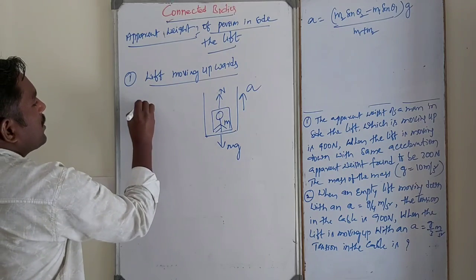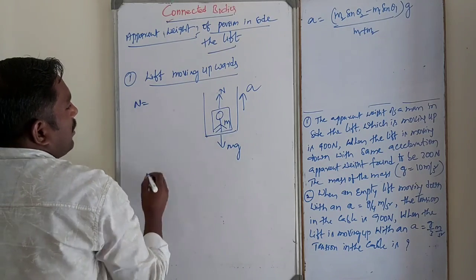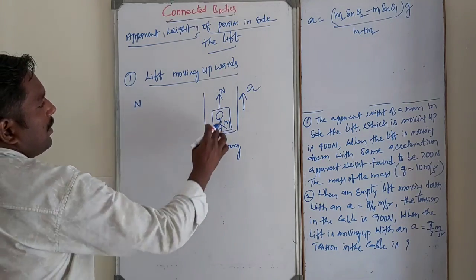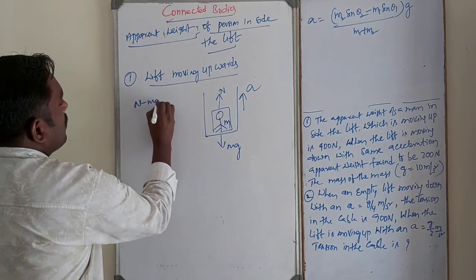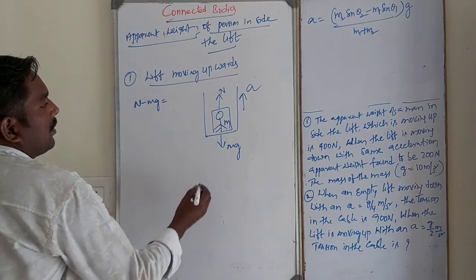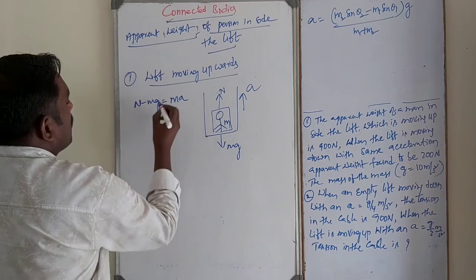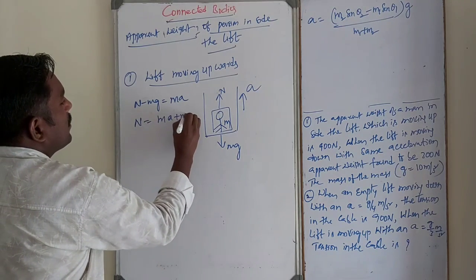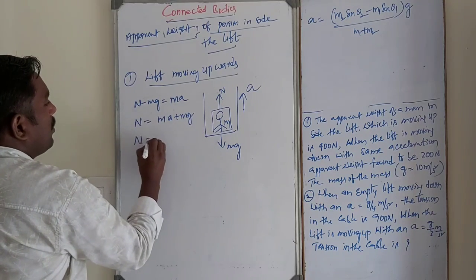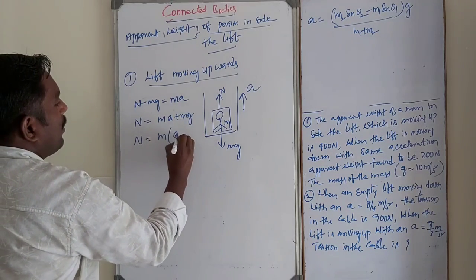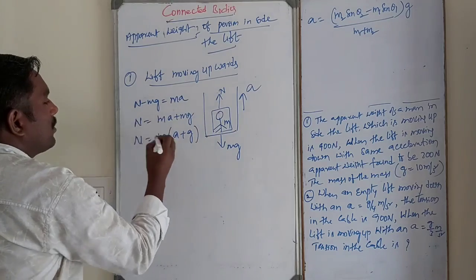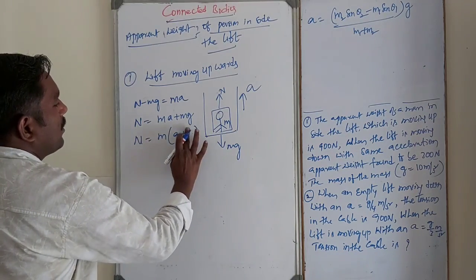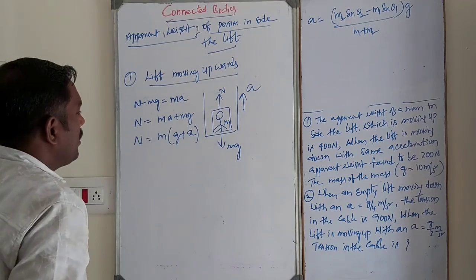So normal reaction minus mg is equal to ma. So N is equal to ma plus mg. N is equal to m common, (a plus g), that is, g plus a.